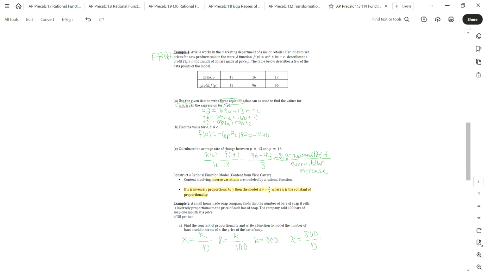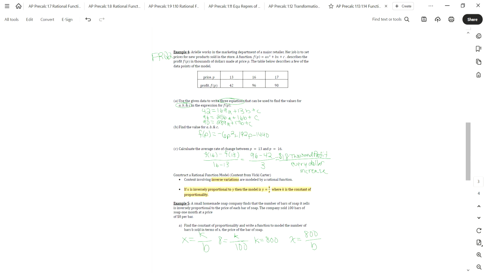Example 4, we already have it labeled, maybe from when you were doing test review, talking about creating a quadratic. Use the given data to write 3 equations that can be used to find the values for A, B, and C. You have to use a calculator to find A, B, and C in a context like this.